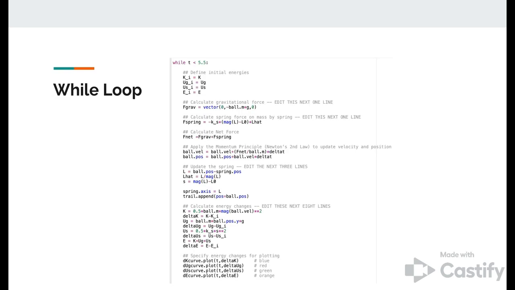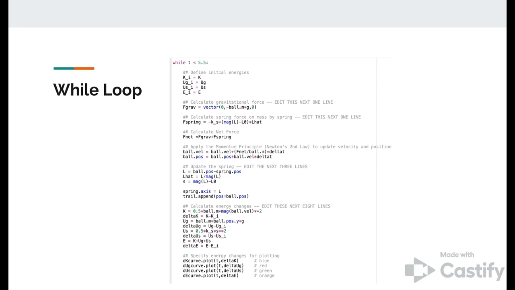So here's the while loop, and basically this just updates the graphs, and we have the initial energies defined, which is basically what we set in the previous step. So we have initial kinetic energy equals kinetic energy, and so on. We have the gravity vector, which is the same as always, negative mass times g in the y direction.